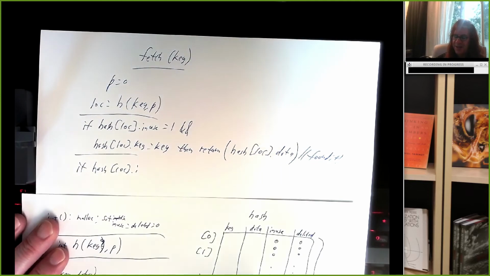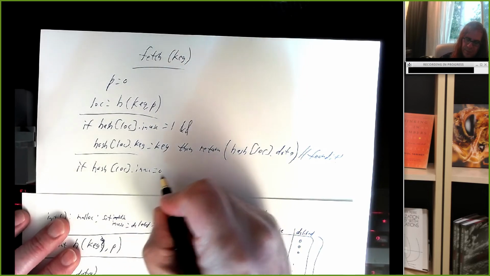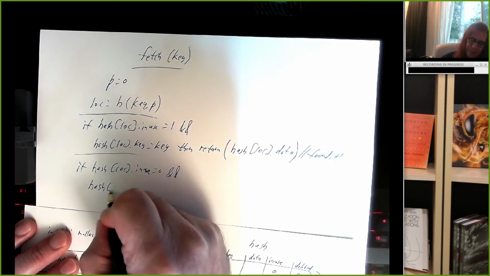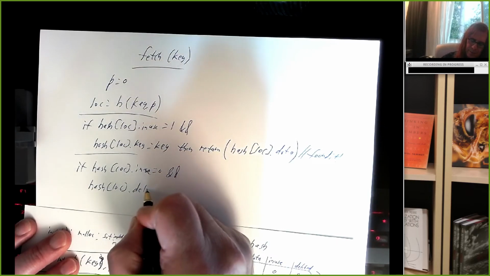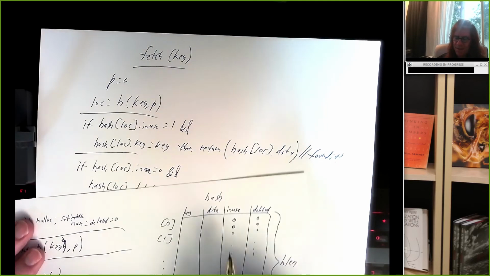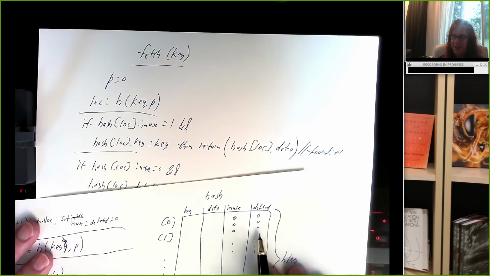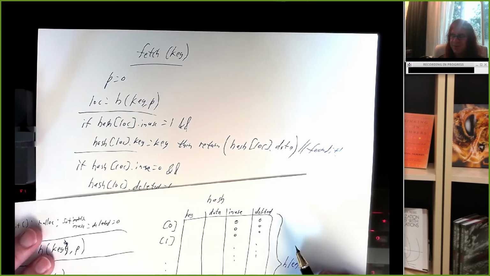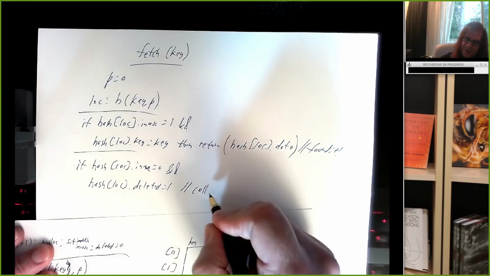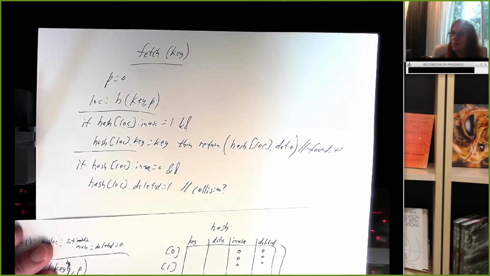If the in-use flag is 0, and the deleted flag is 1, so this block is not currently in use, but the deleted flag is set, saying, hey, there was something here before. Then possibly we are seeing the after effects of a prior collision when we tried to store the data.